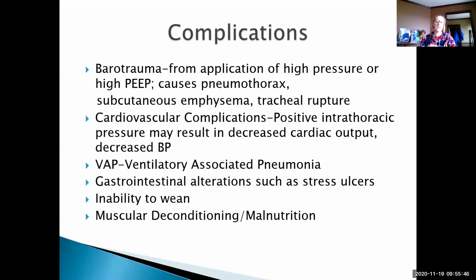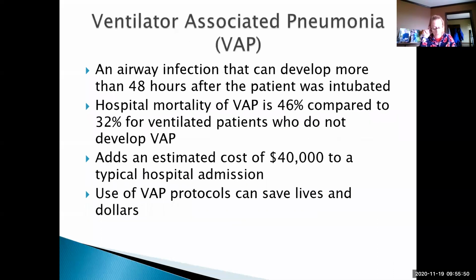Muscular deconditioning and malnutrition. So our VAP, our ventilator-associated pneumonia, is an airway infection that can develop more than 48 hours after the patient is intubated. The hospital is responsible for the costs that accrue if someone does develop ventilator-associated pneumonia.